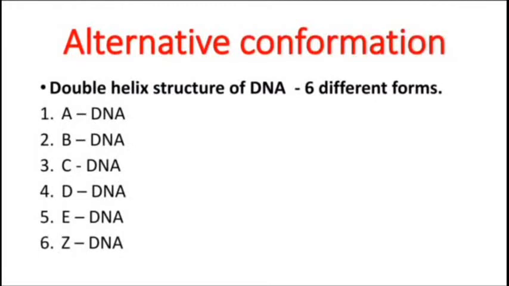The double helix structure of DNA occurs in 6 different forms: aDNA, bDNA, cDNA, dDNA, eDNA and zDNA. Among these, aDNA, bDNA and zDNA are important forms.